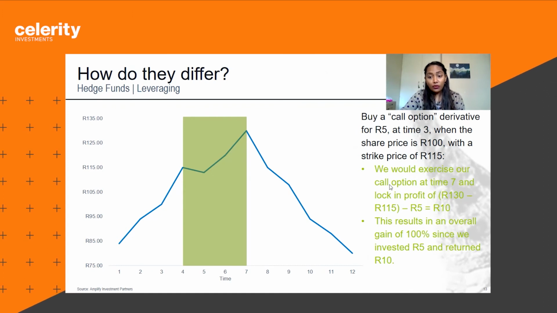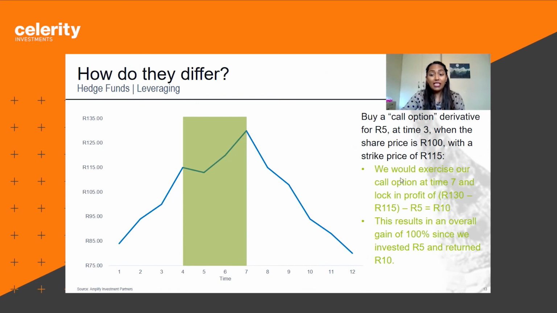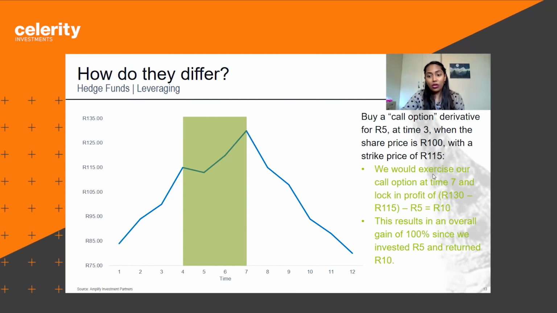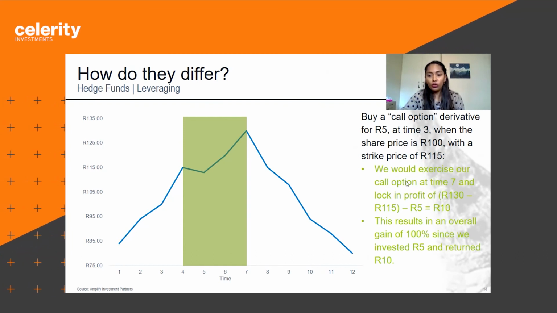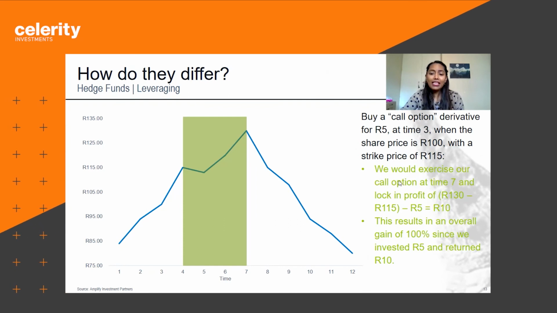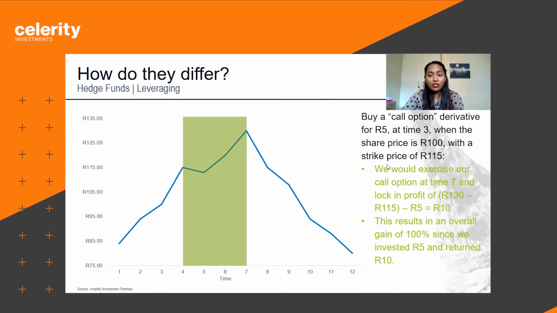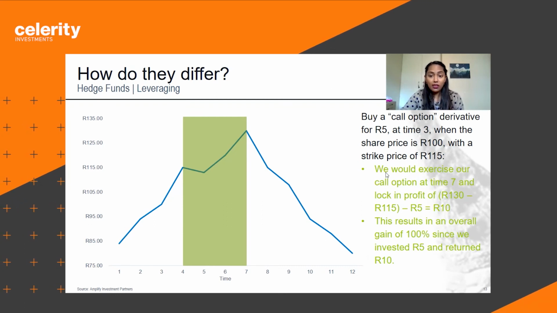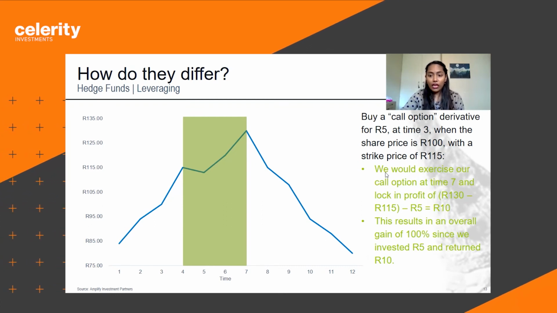Given that he paid 5 rand for the option, his initial investment of 5 rand has returned him 10 rand, which is a 100% return, while a long-only manager might have a return of just 30% in comparison in his traditional long-only position. In some instances, the return a manager can generate using this type of strategy is far more than 100%. This is the effect of leverage at play.